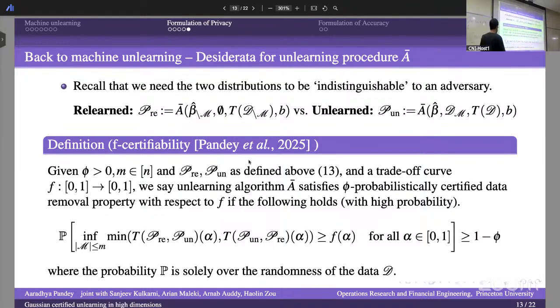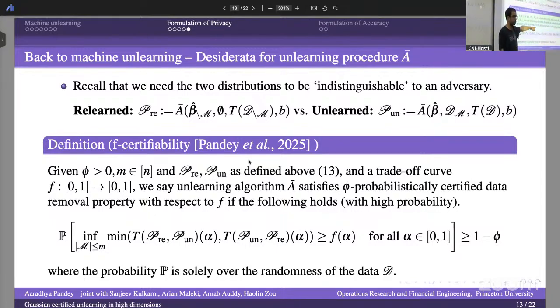So the first definition of privacy, or what we are calling certifiability, is basically the following. Let's not worry about the inf for now. What we are saying is that the trade-off curve between these two distributions and the flipped version, because the trade-off curve T of P0, P1 is not symmetric, it's not equal to T of P1, P0, so we have to take the minimum, is higher than some other trade-off curve f.